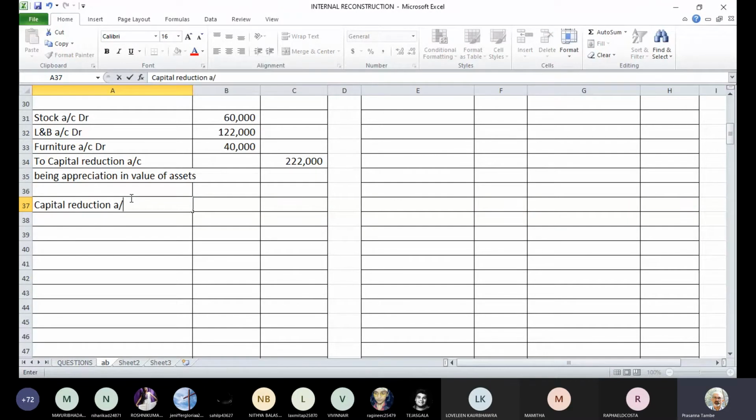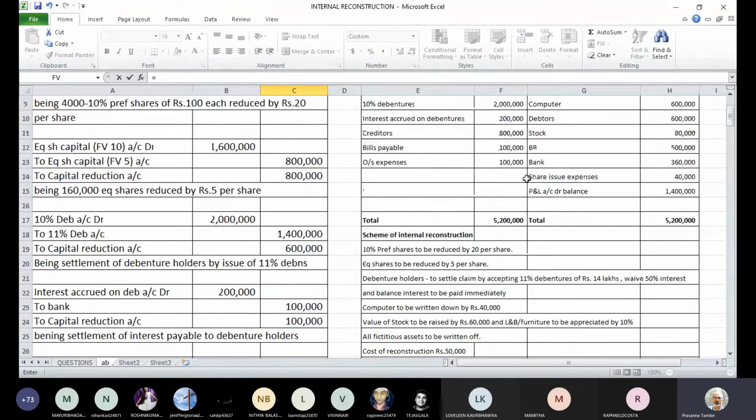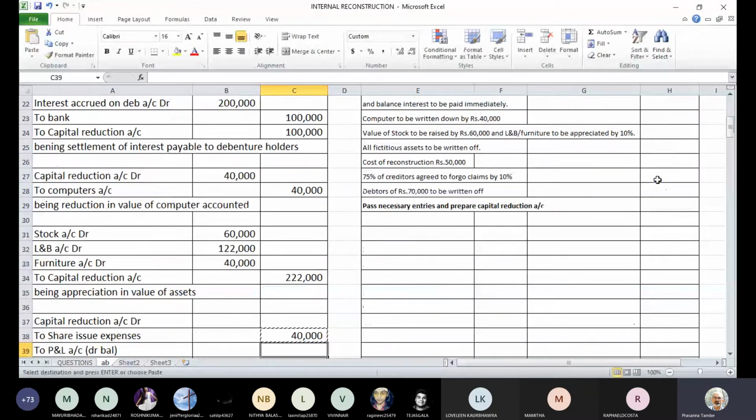Capital reduction account debit, to share issue expenses. So share issue expenses are how much? 40,000. And P&L account debit balance is 14 lakhs. So this will be 14 lakh 40,000.